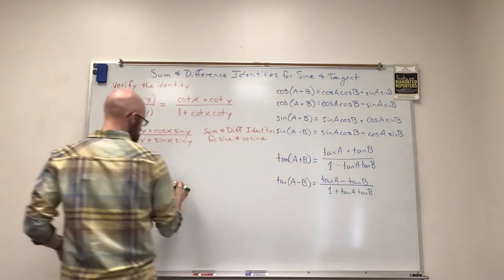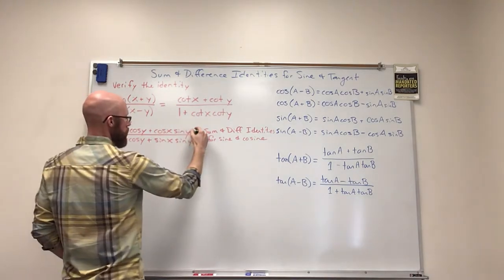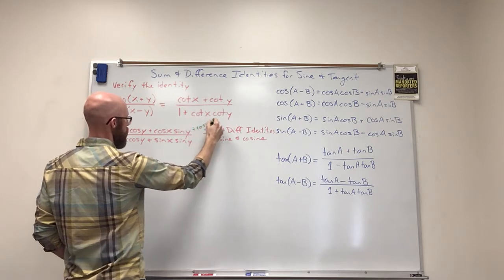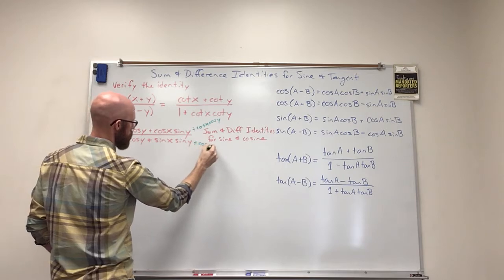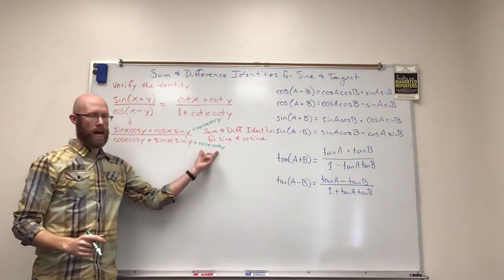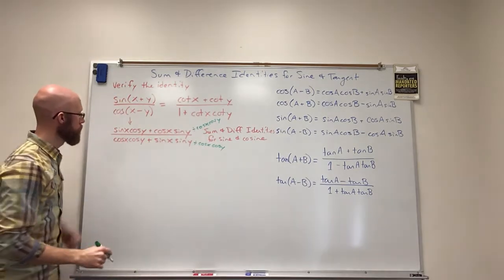Well, let's go ahead and do that. So I'm going to divide the top and bottom by cos x cos y. When I divide top and bottom of a fraction by something, that's going to distribute to all the terms.